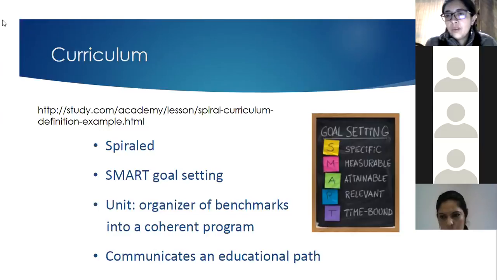Or what can you imagine about it? Yeah, I'm going to leave this presentation on the platform, in the folder that says presentations. Okay, any ideas about this spiral curriculum?